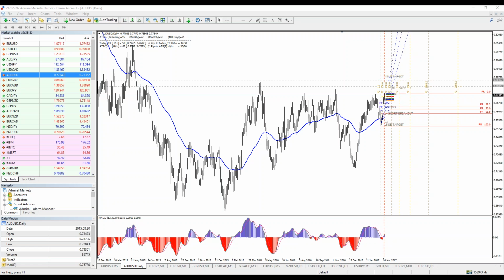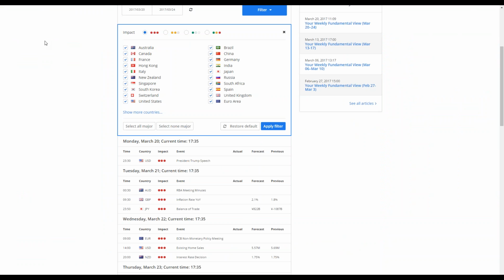I will show you the calendar right now, and this looks very tempting. That is why I'm thinking to sell, indeed. But still, guys, this news announcement can actually move the price. That is why I'm telling you to be careful.